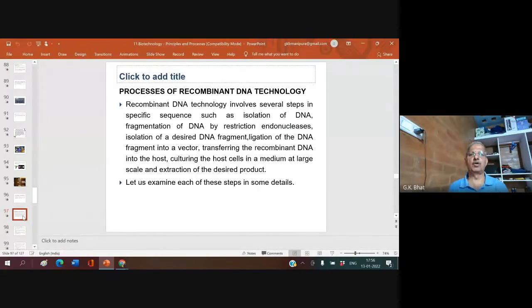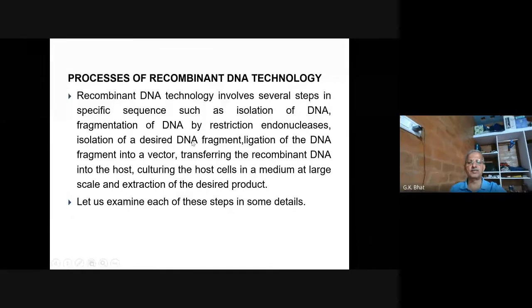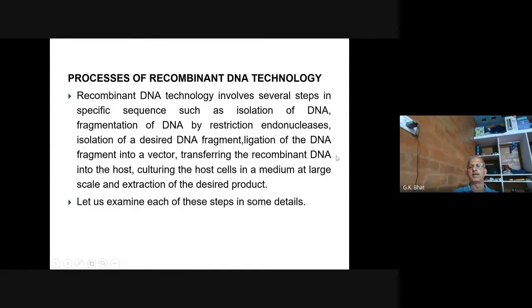So, processes of recombinant DNA technology. Recombinant DNA technology involves several steps in a specific sequence, such as isolation of DNA, fragmentation of DNA by restriction endonucleases, isolation of the desired DNA fragment, ligation of the DNA fragment into a vector, transferring the recombinant DNA into the host, culturing the host cells in a medium at a large scale, and extraction of the desired product.